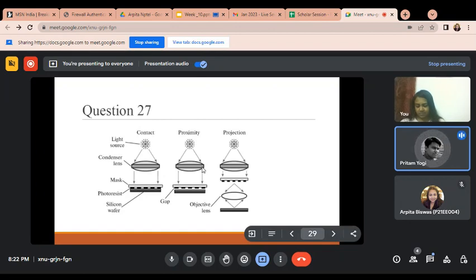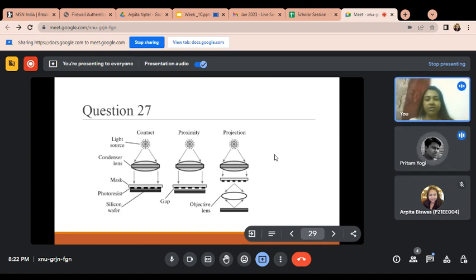In proximity we put that mask and wafer at some distance, but there is a problem, the error that comes due to the gap between the wafer and mask. What we call the light diffraction.